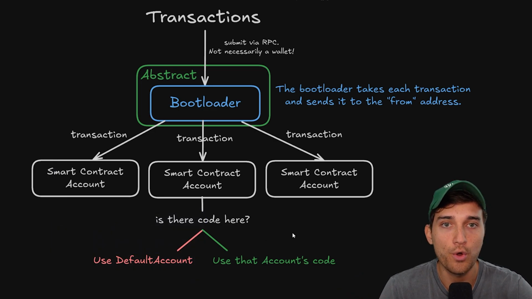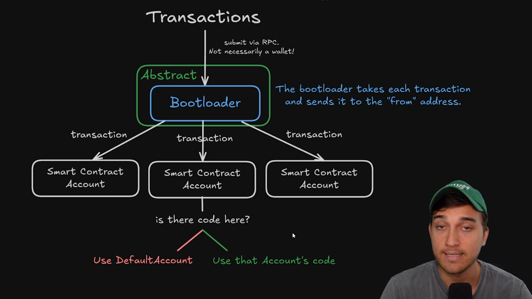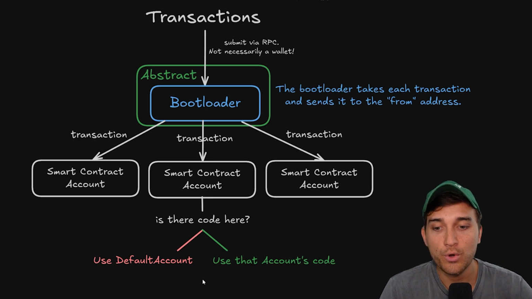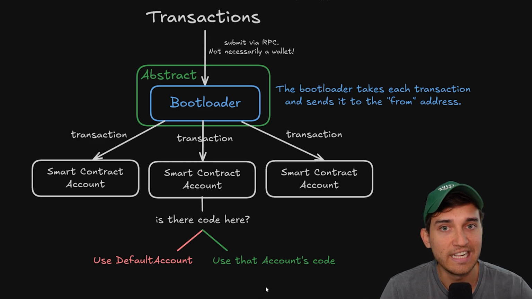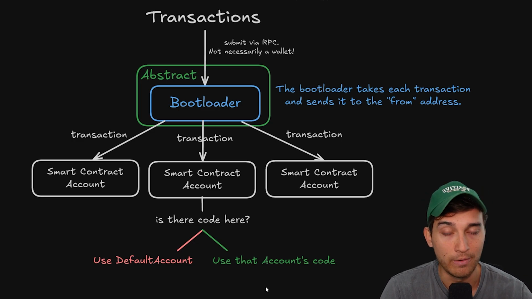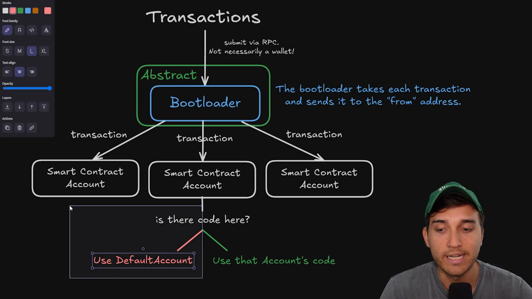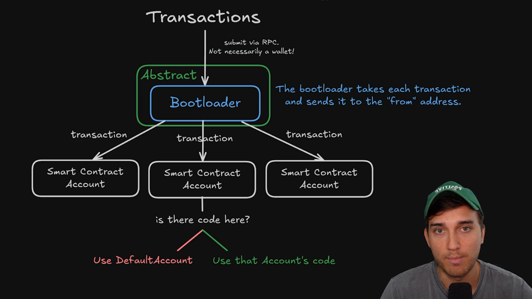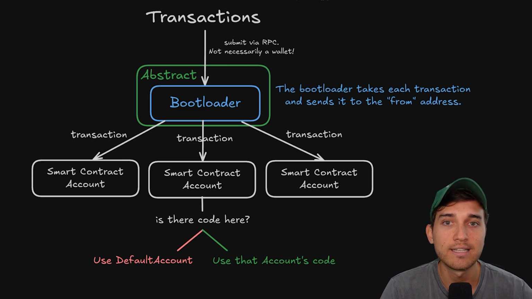If there's no contract code at the address, it assumes that's an EOA, with no contract code deployed here, such as a smart contract wallet that we might deploy. But I'm actually not going to treat it as an EOA, because there are no EOAs in Abstract. I'm going to treat it as a default account smart contract. Now, the default account is literally a smart contract that handles transactions exactly the same way that an EOA would.